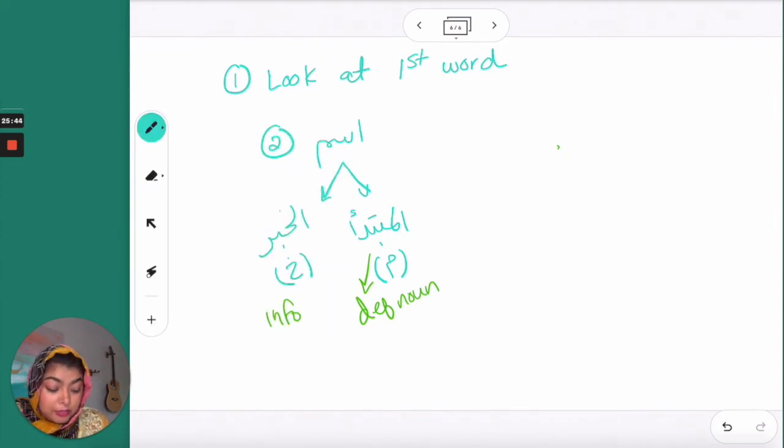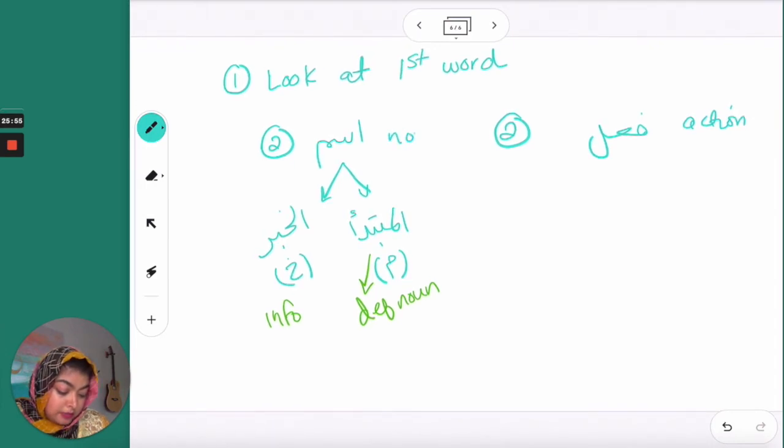If you look at the first word, and it happens to be a verb, فعل. Okay? So here you have an action, here you have a noun. If it happens to be فعل, an action, then the two parts you're going to label are that first word, which is considered فعل, your verb, and the one who's doing the action, which is considered فاعل.